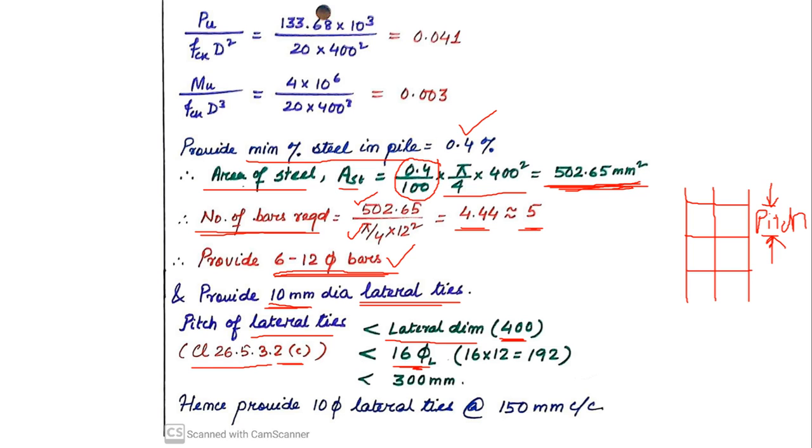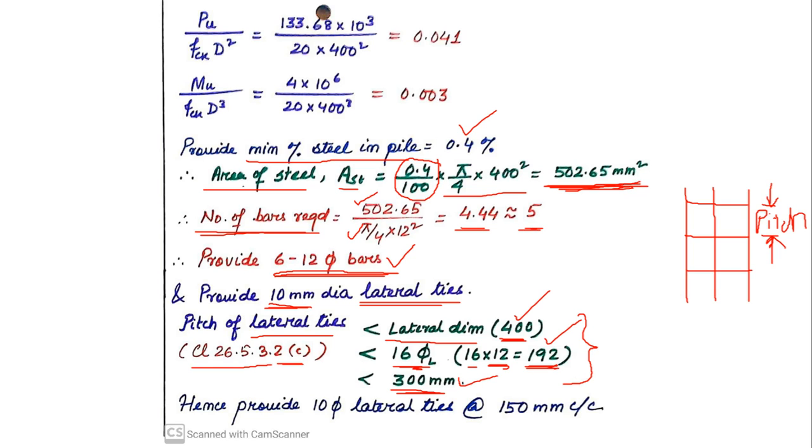Our longitudinal reinforcement is of 12 mm dia, so 16 multiplied by 12 gives you 192 millimeters. And it should always be less than 300 millimeters. So the pitch should satisfy all three conditions: less than 400 millimeters, less than 192 millimeters, and less than 300 millimeters.